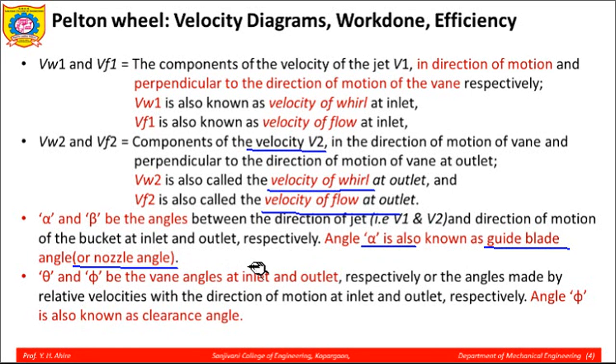There are no guide blades, there is a nozzle. Let theta and phi represent the vane angles of the bucket at inlet and outlet respectively, or these are the angles made by relative velocities with the direction of motion of the vane at inlet and outlet respectively. Alpha is also known as clearance angle.